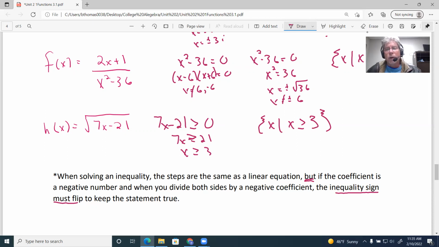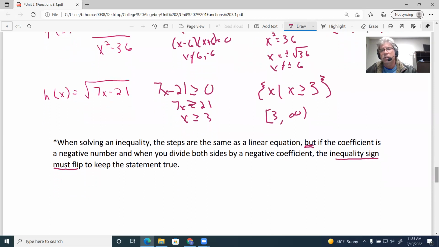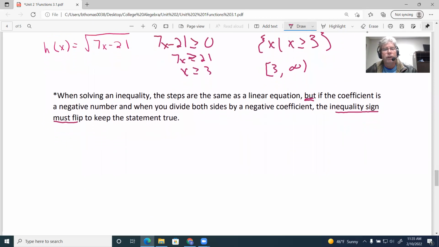So that would be a way that you could be writing your domain, in set builder notation. If I was using interval notation, notice how you would say bracket 3 going to infinity, like that. Notice how you have to use a bracket because we're including the 3 here. Usually if it's set builder notation, we use an inequality inside there, typically. It just depends, but that's the most common way of doing it.